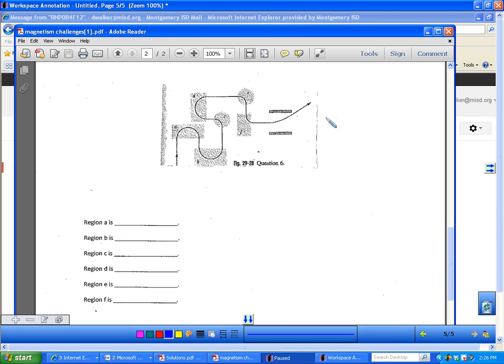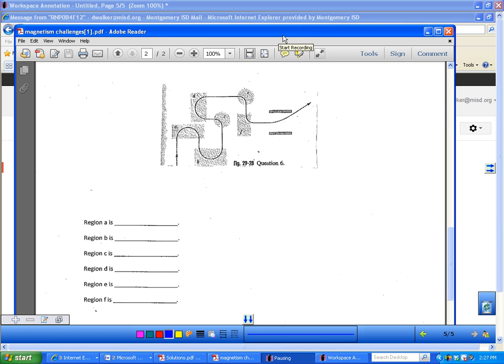So I said, okay, well, point my thumb in the direction of the motion, and if it is a positively charged particle, then I know that the magnetic field in A would have to be out of the page. If it's a negatively charged particle, then the field would be into the page. So I got to figure out what it is. So hang on a second.